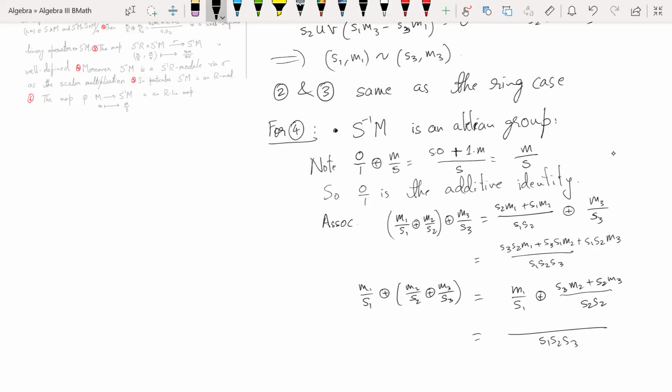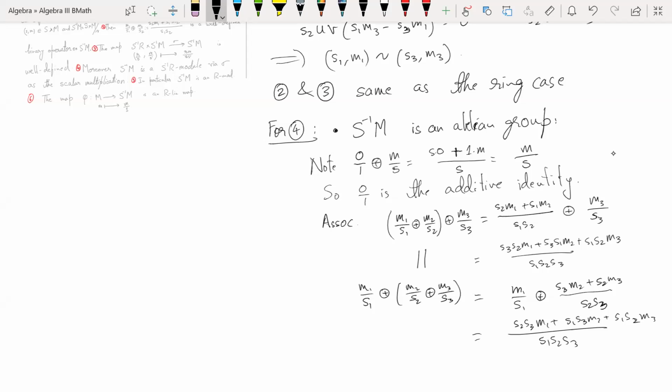So S2 S3 M1 plus S1 S3 M2 plus S1 S2 M3, which is the same as the top one. So these two are equal, and you get associativity.